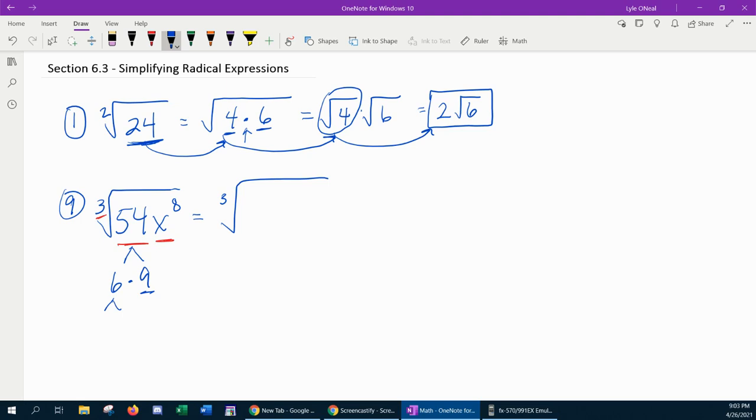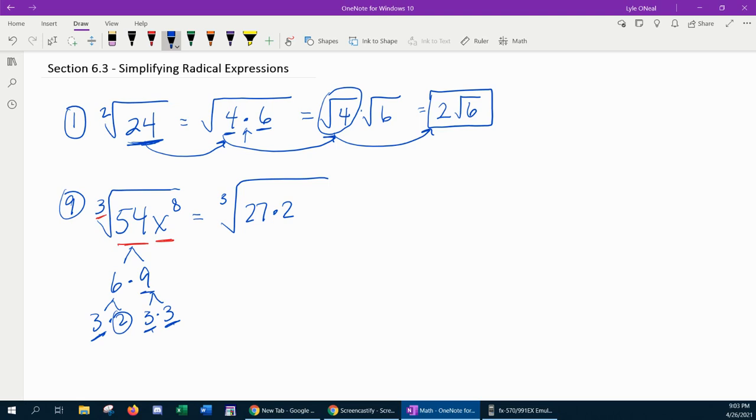And so 6, I know 6 is 3 times 2, and 9 is 3 times 3. So if you look at what I've got here, I've got 3 factors of 3, which means that I want 27 and 2. So 27 times 2 makes 54, and 27 is a perfect cube. 3 times 3 times 3.